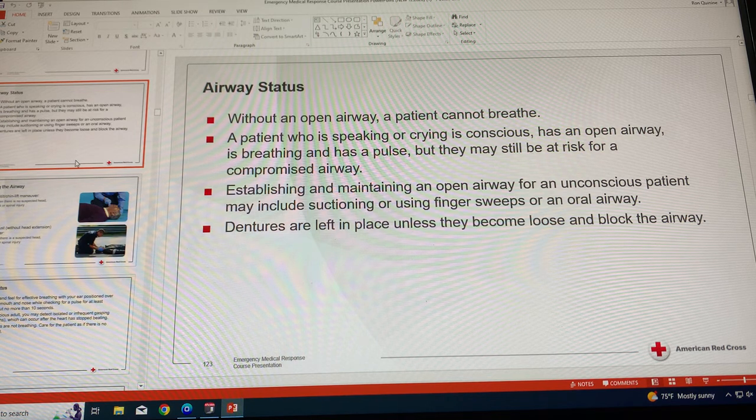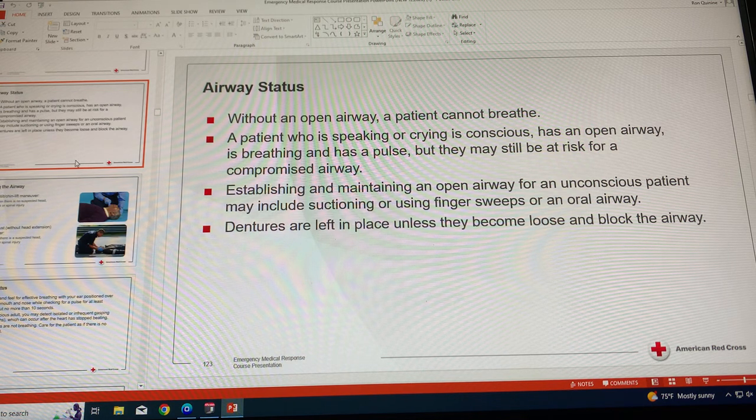For example, does the patient require suctioning to remove fluids or a finger sweep to remove solid objects or debris? Will an oral or nasal airway be necessary to prevent the tongue from falling back in the throat and blocking the airway? If the patient is wearing dentures, leave them in place unless they become loose and block the airway.